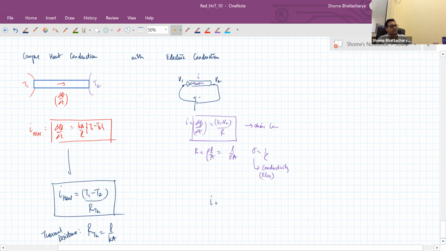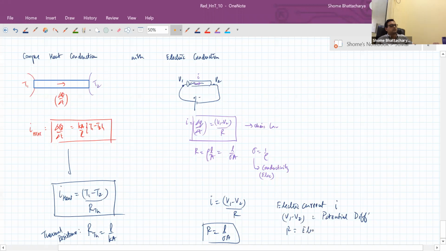Whereas electrical current is potential difference divided by electrical resistance, where electrical resistance is L upon sigma A. So this is electric current, potential difference and electrical resistance.